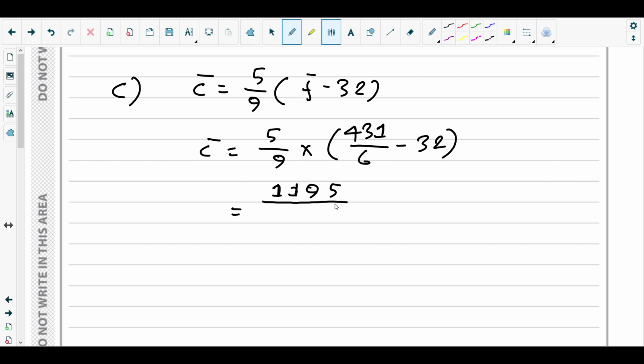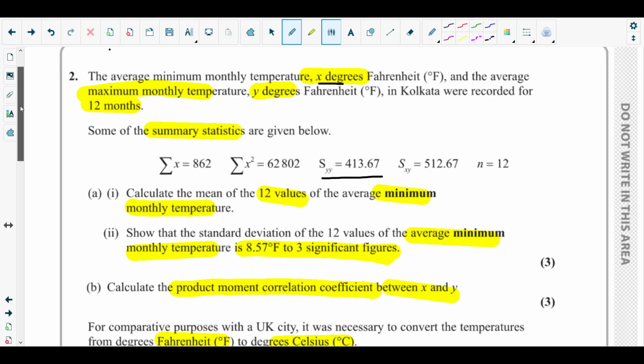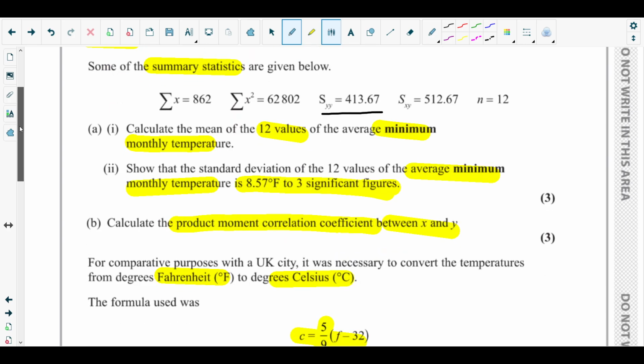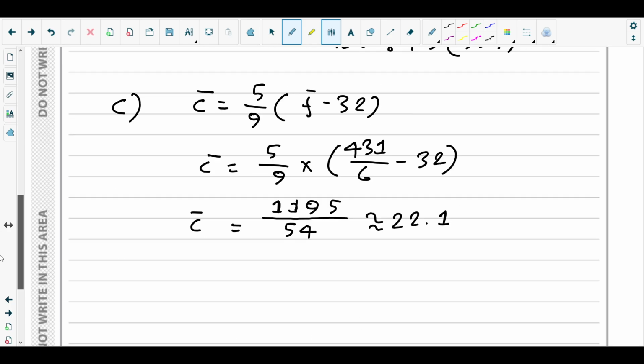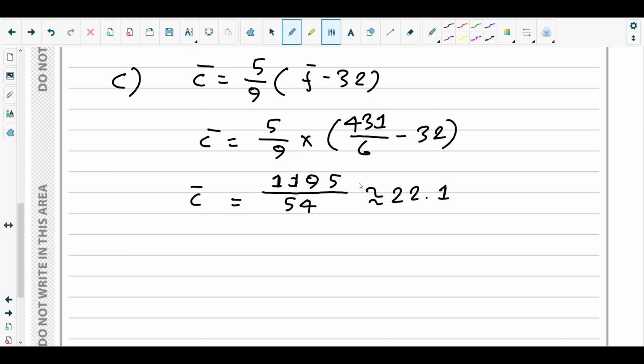So we got the value for the mean temperature in degrees Celsius, which is basically 22.1 something. They gave the values to 2 decimal places, so consider 2 decimal places, which is 22.13 degrees Celsius. Done. We got the mean.